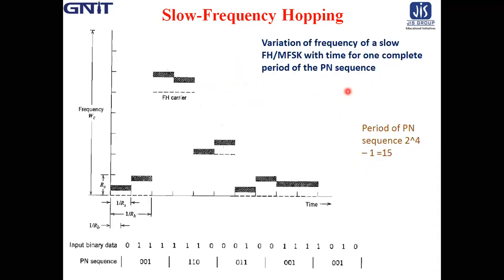Now see, in this example, the carrier is hopped to a new frequency after transmitting two symbols, or equivalently 4 information bits.